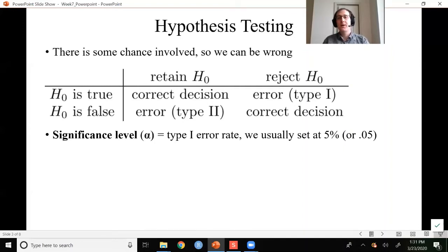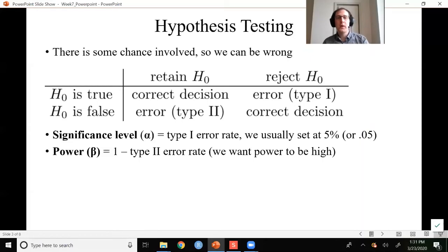So by default, we usually set this at 5%. So we're comfortable with there being a 5% probability that we would get results that seem to support the alternative hypothesis just by chance, assuming that there was nothing going on. And so probabilistically, this is 0.05.